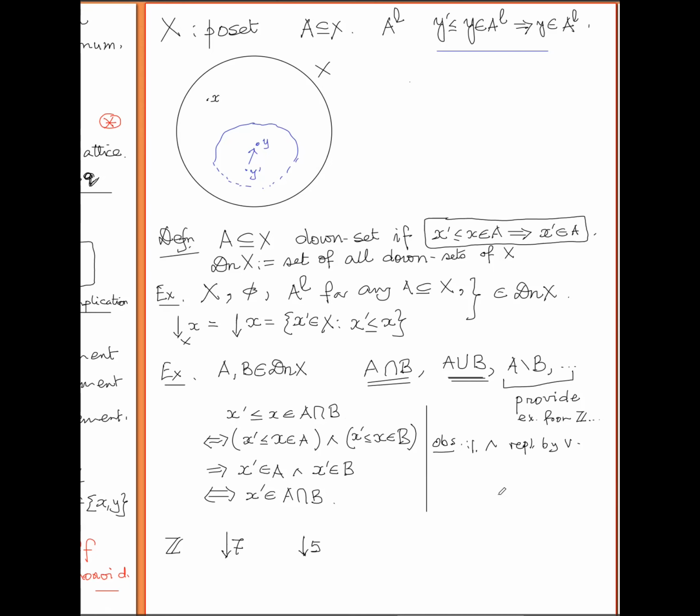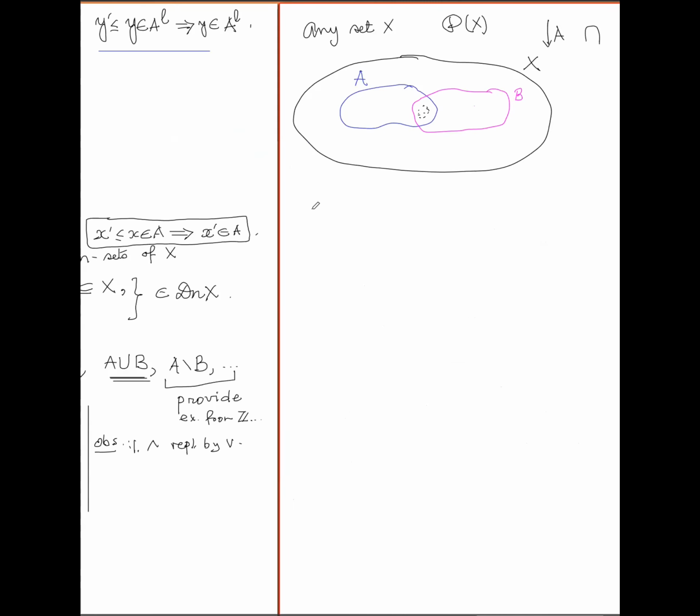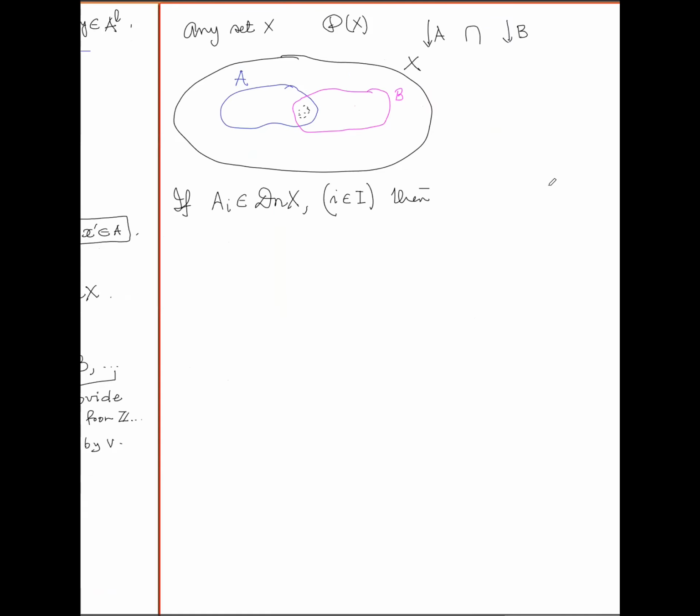If you have A_i for i in any index set, then this is the proposition that you should prove.